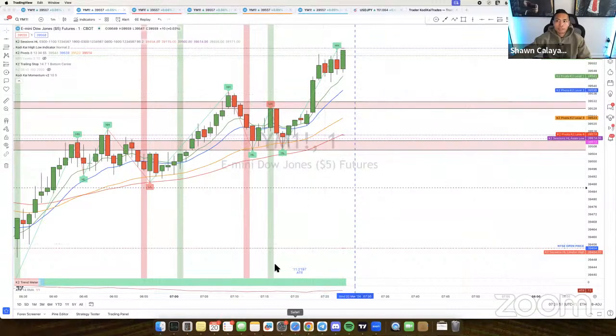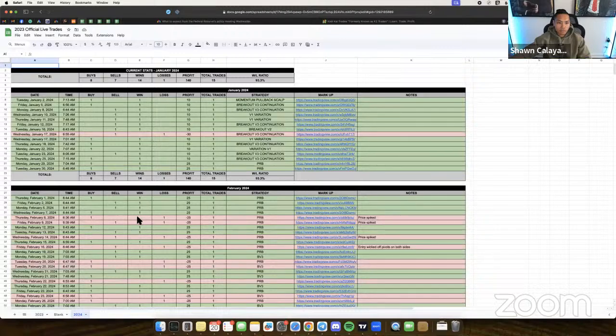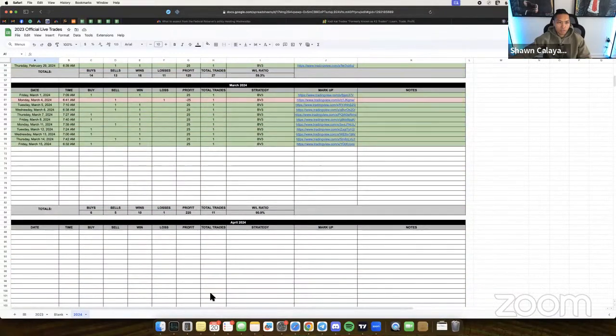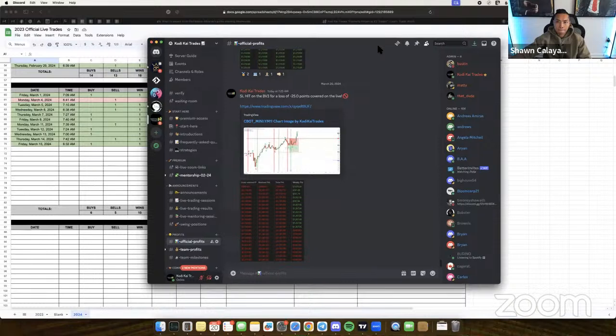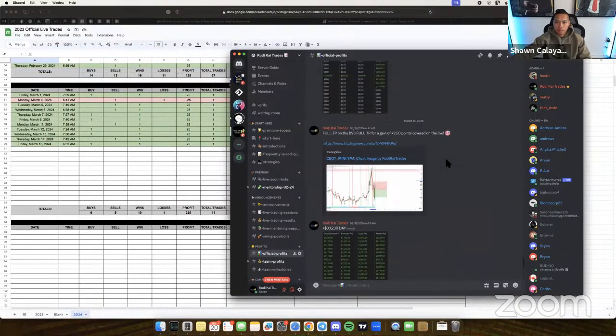As we wait for the next entry, I'm just going to update the spreadsheet real quick so that we can see what the totals are for the month so far. So let's see. Wednesday, Thursday, Monday.